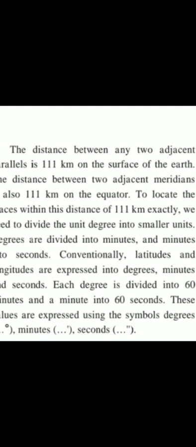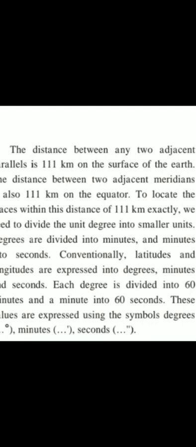Latitudes and longitudes are expressed in degrees, minutes and seconds. How are they expressed? What are the symbols? Each degree is divided into 60 minutes, and each minute into 60 seconds. These values are expressed using symbols.